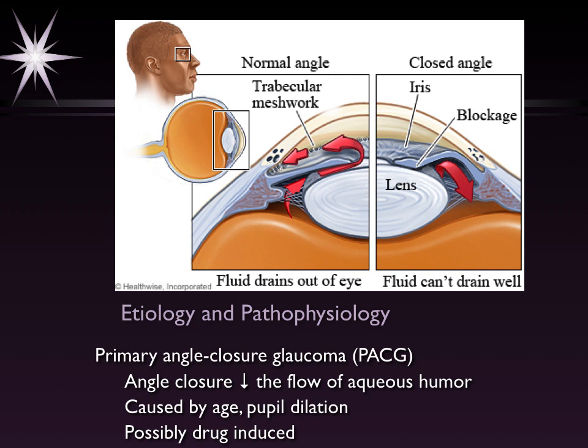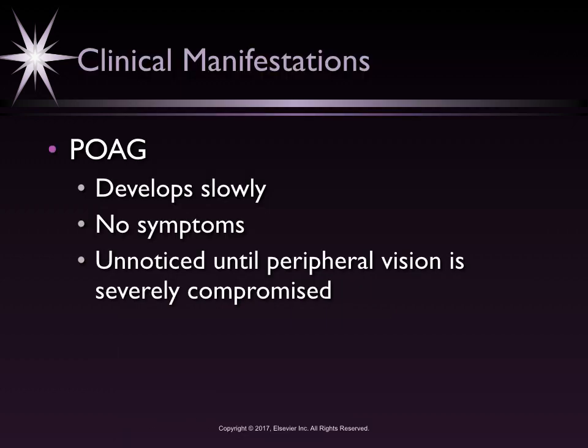So you want to check drug records and documentation before administering medications to patients that have angle closure glaucoma, and instruct the patient not to take any mydriatic producing medications. So what we need to know is that the big difference between them is that POAG develops slowly.